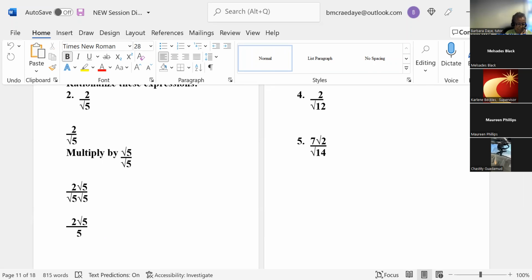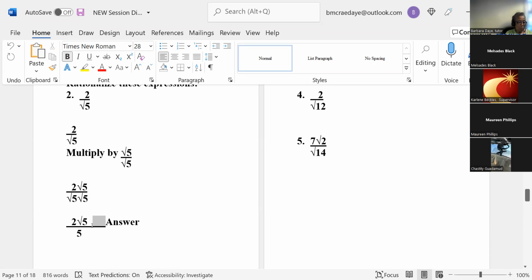That's it. Remember, the purpose is making your denominator a rational number. So you want to go from a square root of 5 to a rational number. That's your answer. All right. Questions?